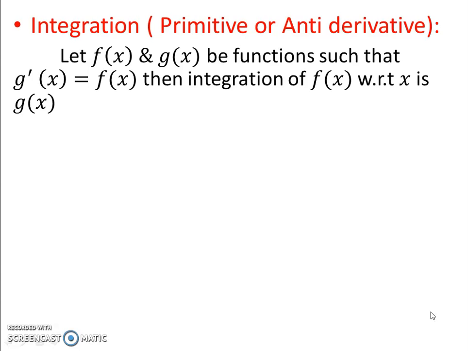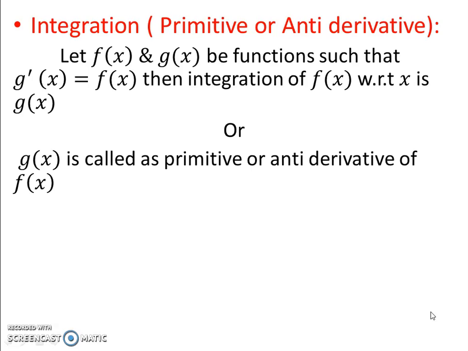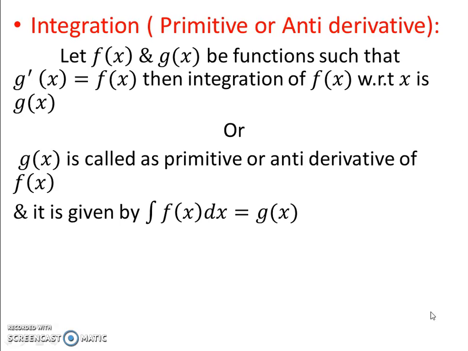This g of x is also called the primitive or antiderivative of f of x, and it is given by integration f of x dx equal to g of x.